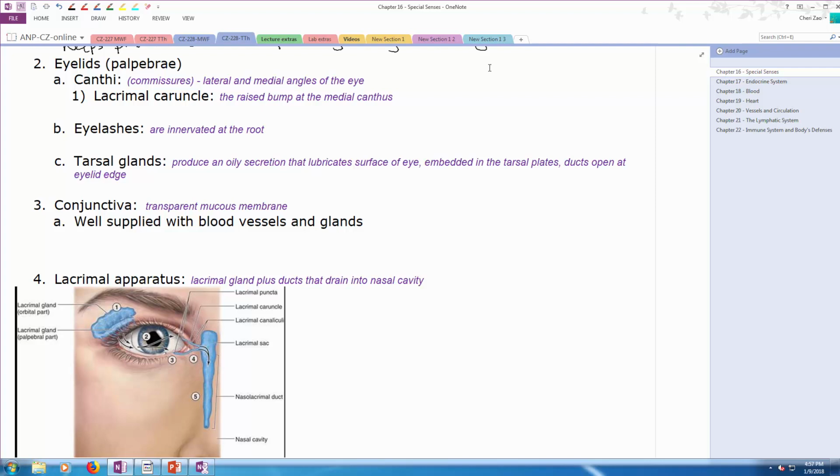Canthi is plural, canthus is singular. Another term that you must associate with that word is commissures. So lateral and medial angles of the eye. At the medial canthus, we find this thing called the lacrimal caruncle. So that's a raised bump, and in that area, we will find sebaceous and sweat glands.